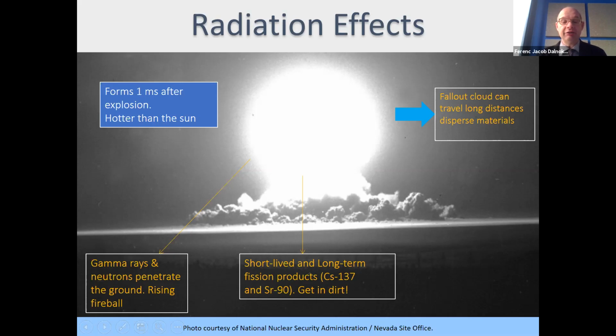These long-lived isotopes will hang around for a very long time and get in dirt and that kind of stuff. And then you can also have a fallout cloud which carries some of this radioactive residue for long distances and can drop it in different locations. Long distances or short distances, that really depends on the configuration and type of bomb and so on.